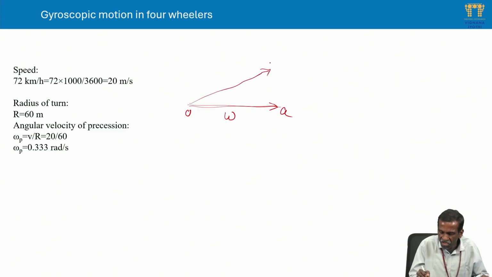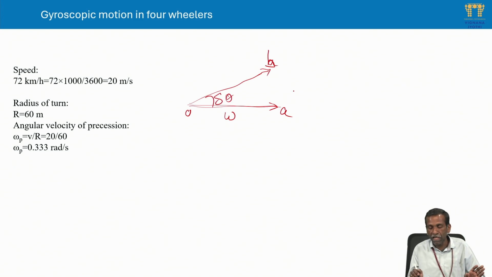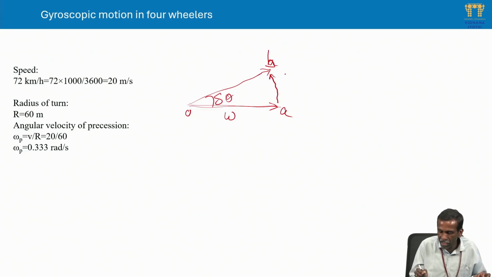So the spinning axis takes a turn, let us say O B, by delta theta, the precession delta theta by delta t, which is omega p, as we calculated. This change in angular velocity gives the angular acceleration, which we can say is omega into omega p, where omega means the spinning axis angular velocity.